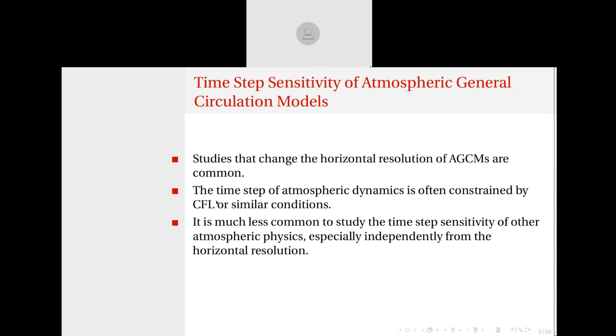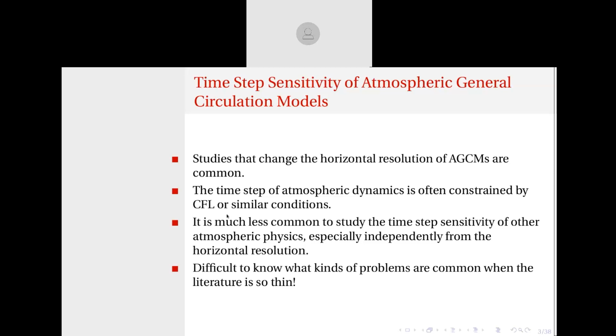But it's less common to look at the rest of the atmospheric physics and how the time step affects that, and especially to do a more controlled study where you look at just changing the time step independently of the horizontal resolution. So this is my little rant before the rest of the talk, just to say that it makes it more difficult to know which kinds of problems are common to different models when the literature is thin.